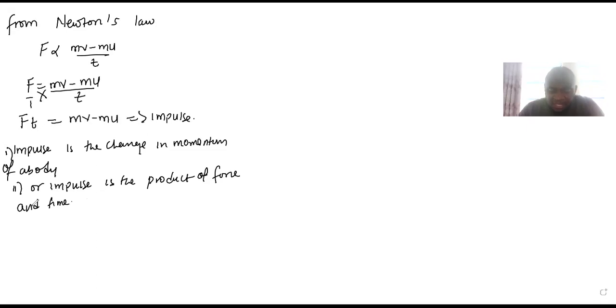That can also be taken as impulse. With that, we can use this impulse and borrow it to go for what we call momentum.